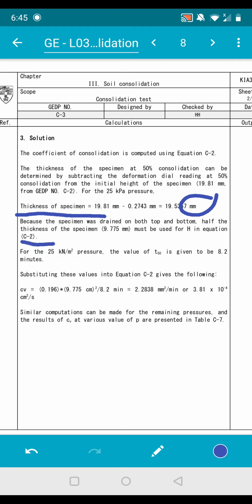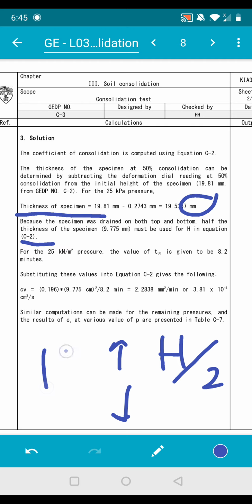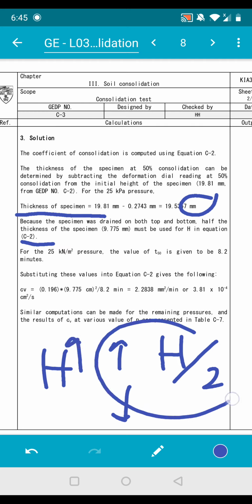So you have two cases: where you have the liquid movement top and bottom, you take H divided by 2, and another case where H is impermeable, so there's no movement of water, or only one movement, so the H is different. But in this case, you're taking H divided by 2.